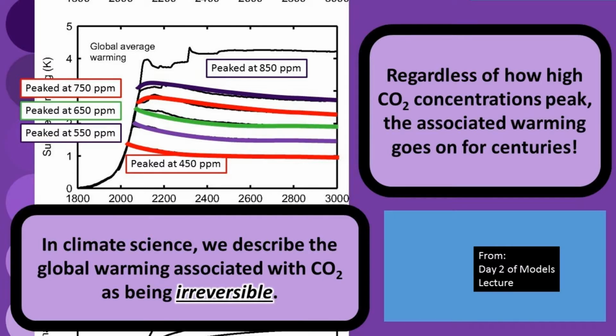We describe this kind of global warming as being irreversible because it's very hard to get these carbon concentrations back down. Any individual carbon dioxide molecule is removed from the atmosphere on the order of a few hundred years at most. But the processes that remove it are generally respiration and photosynthesis, and that carbon is generally not stored long term in wood and so on.